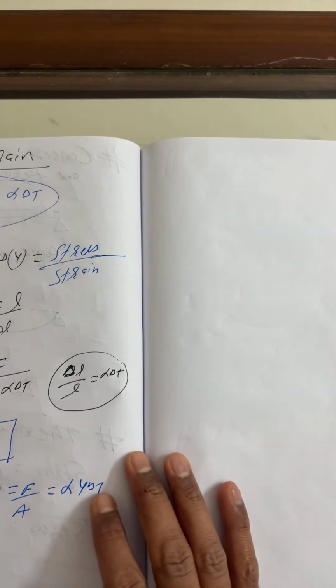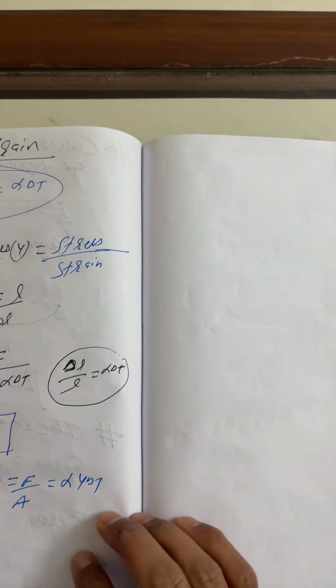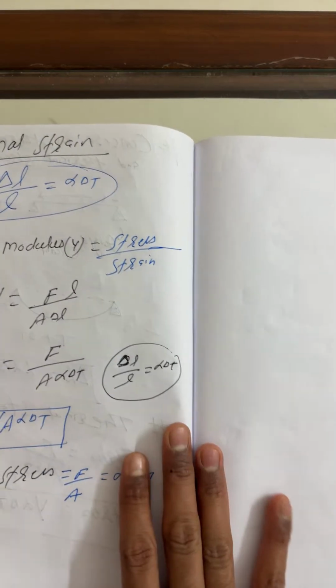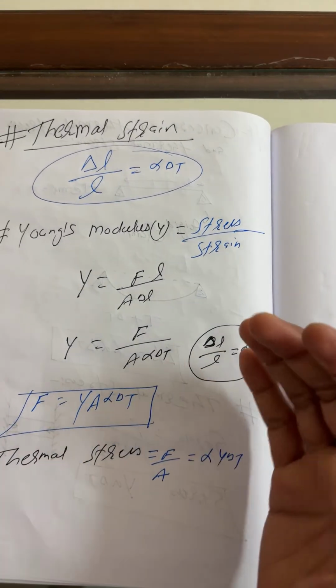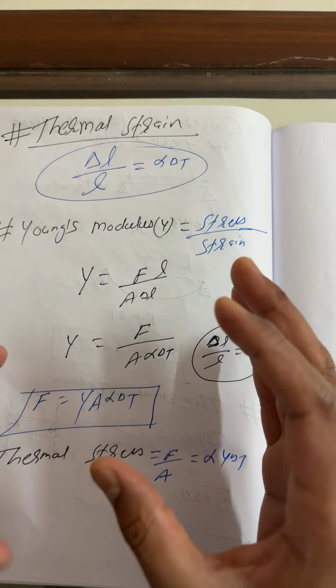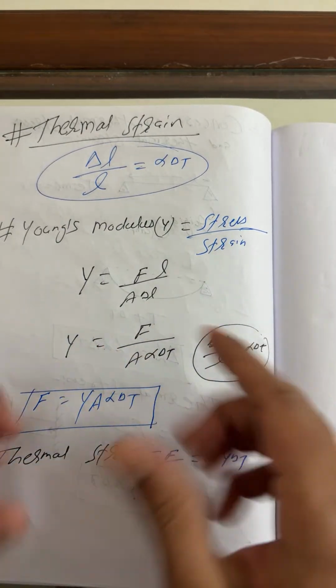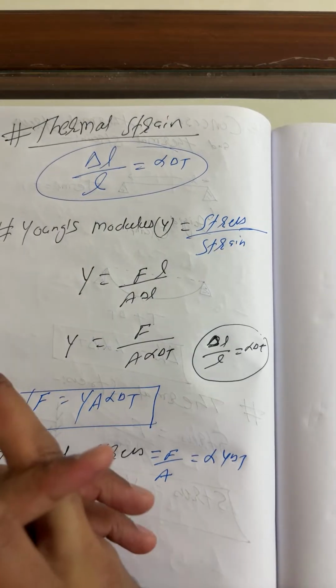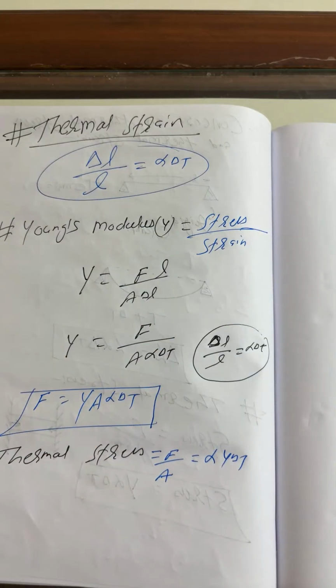Sir, I didn't get what you wrote in the last line. Okay, Arun, I'm telling you what stress is. Stress is nothing but this: if we have any body and we apply force continuously on the periphery of that body, stress is the normal force per unit area.